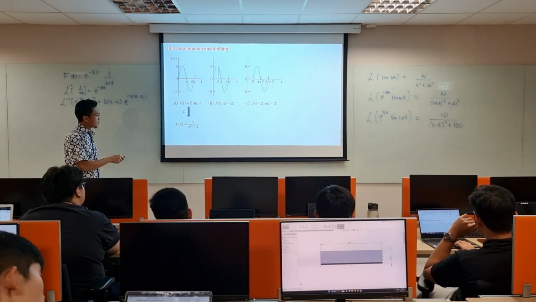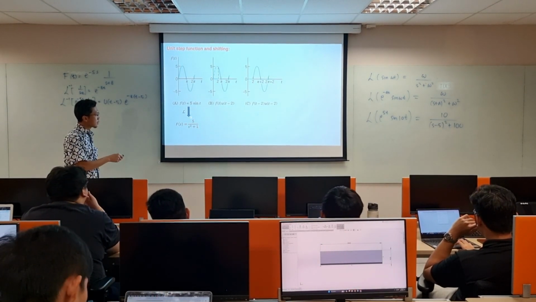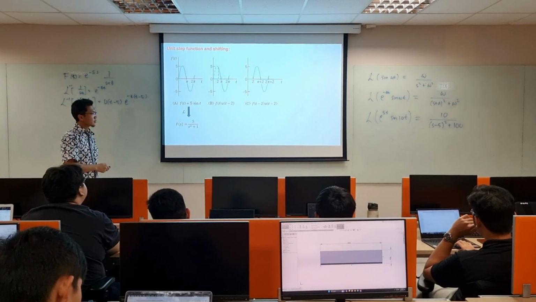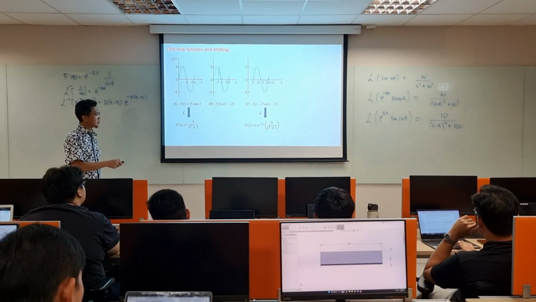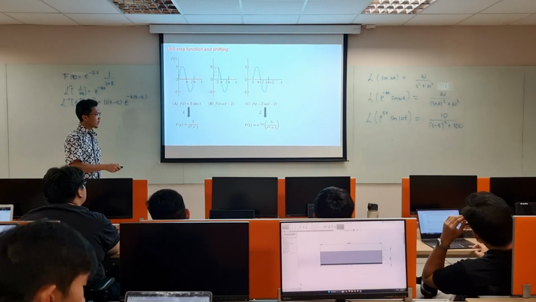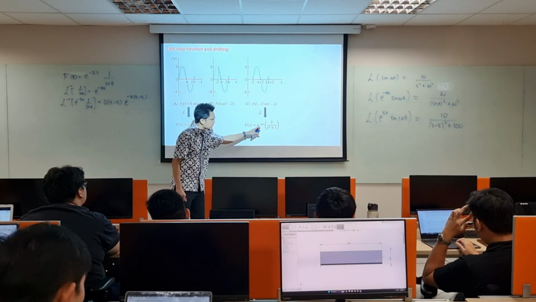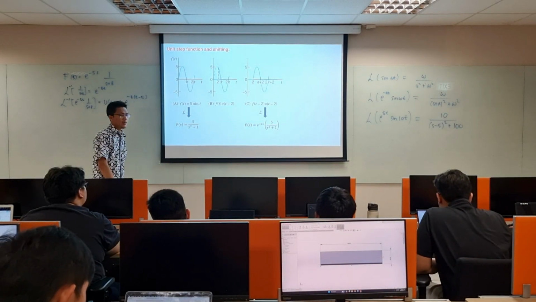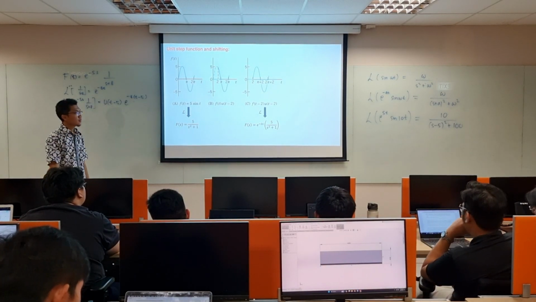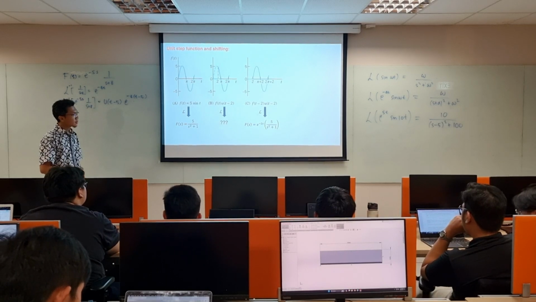Meanwhile, this is 5 over s squared plus 1, and this is the same thing, 5 over s squared plus 1, but multiplied by the exponential of minus 2s. We use the s-shift theorem.